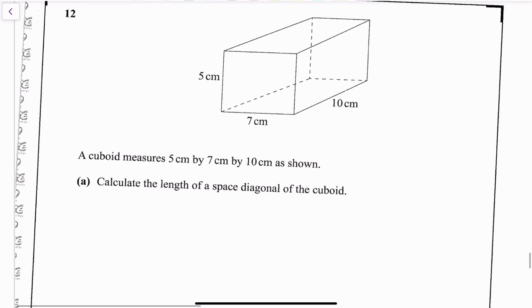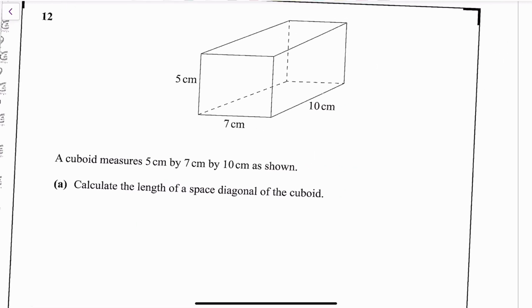Next one, a cuboid measures 5 by 7 by 10 as shown. Calculate the length of the space diagonal. Now the space diagonal is from the front bottom left to the top back right. Again, if I had a ruler, this would be great. It's that whole thing.